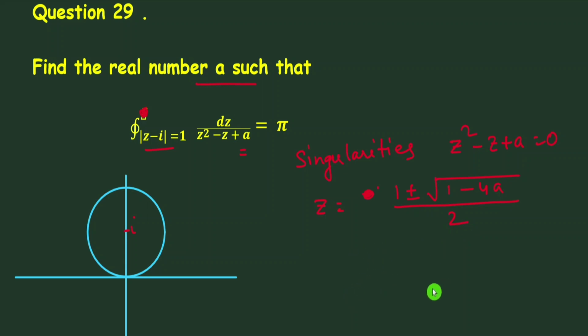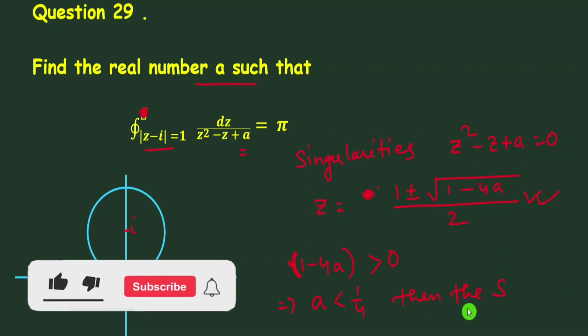Now if the inside of the root, 1 minus 4a, is greater than 0, that means a is less than 1 by 4. If a is less than 1 by 4, that is 1 minus 4a is greater than 0, then there is no imaginary term.